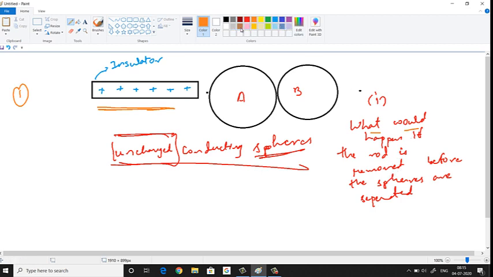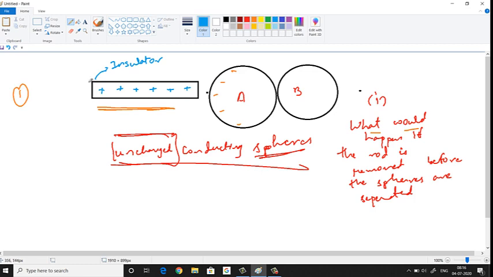Let me show you what happens here. Because of the positive charge, here you get negative charges. Actually inside A you have both negative and positive, but negative charge got attracted towards the positive charge. Then what about the positive charge of A?